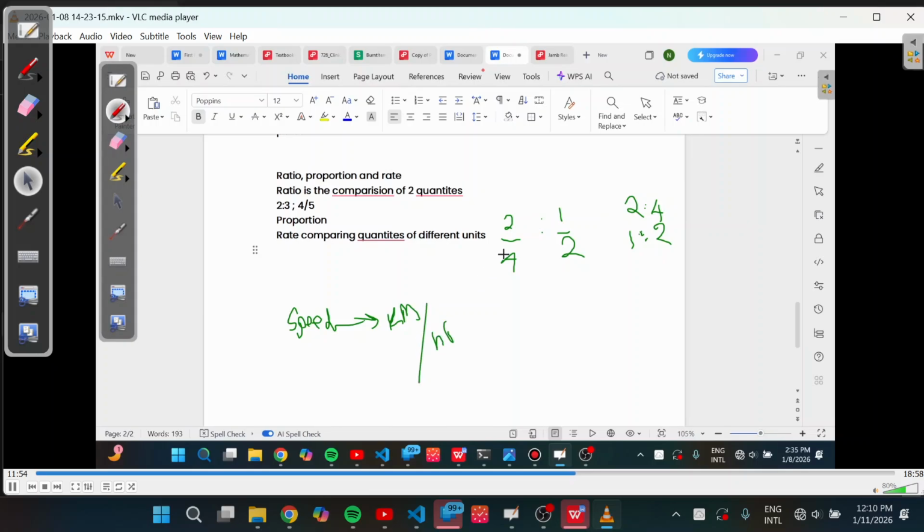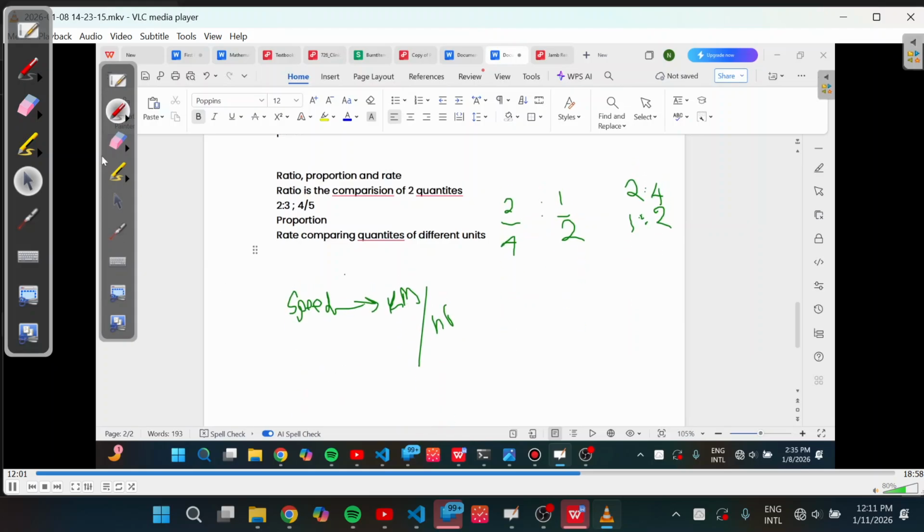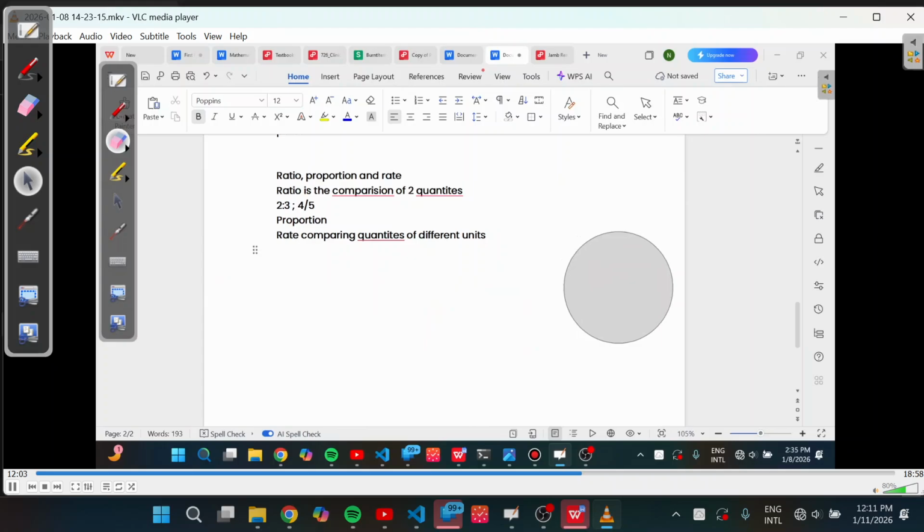So speed is basically distance over time. So distance is measured with meters or kilometer, and time is measured with hour or seconds. So that's why we have kilometer per hour. So that's mainly what you need to know about ratio, proportion, and rate.